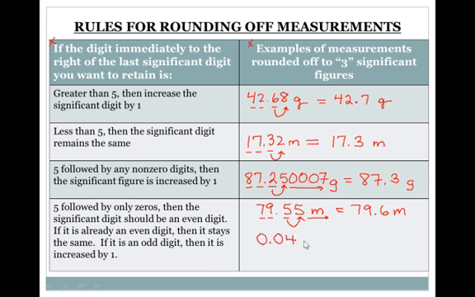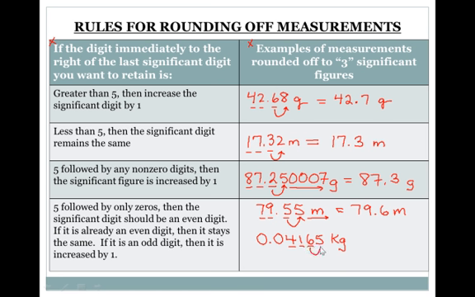All right, let's take a look at this one. 0.04165 kilograms. We want 3 sig figs. These zeros to the left are not significant digits, so we're going to start with the 4. 1, 2, 3.